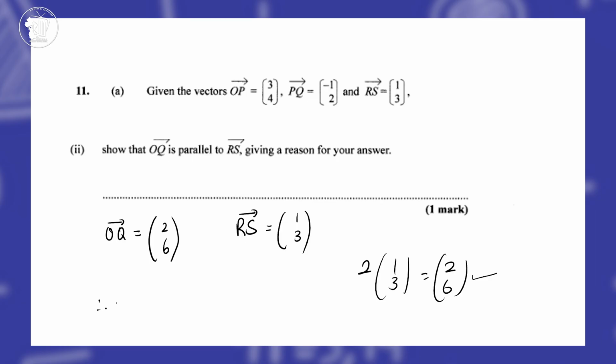So therefore we can say 2RS is equal to the vector OQ. And that is why they are parallel. So therefore, the vectors are parallel. Alright? And that is how you determine parallel vectors, scalar multiple of the other.